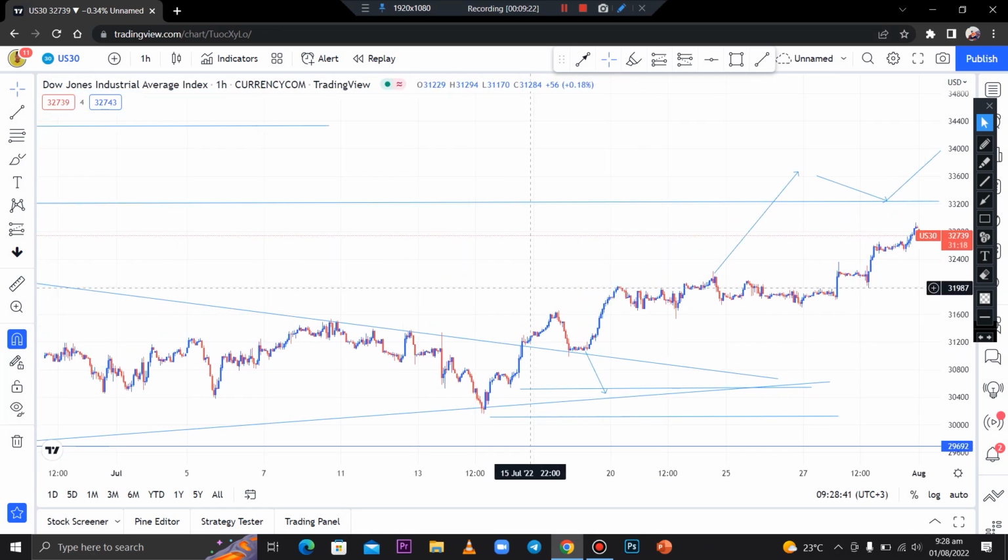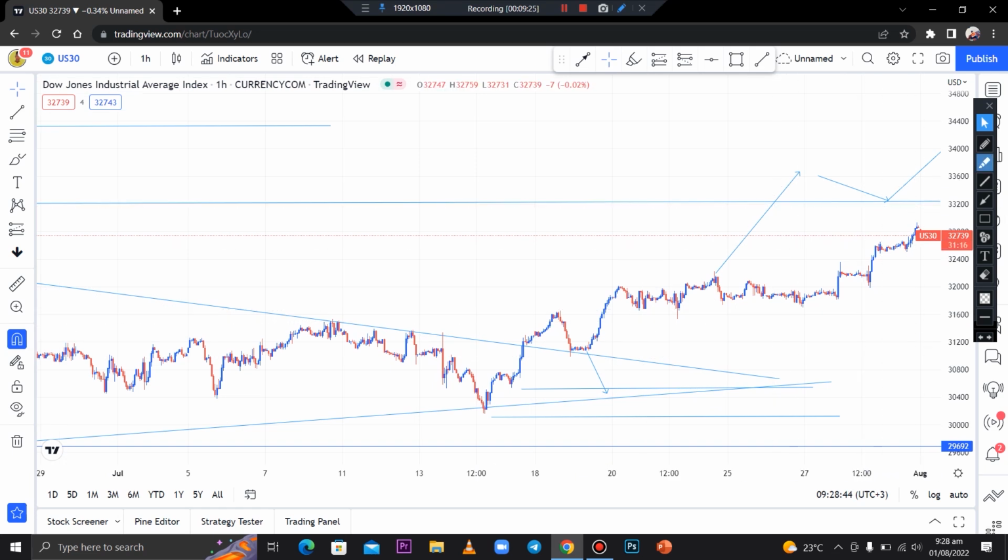Boom, a clear retest. Now remember, I had drawn this line here. When we are bouncing off our trend line, of course, we expect two things. We expect to trend back to the upside or to the downside, depending on the current market behavior. So at this point, we had this trend line.